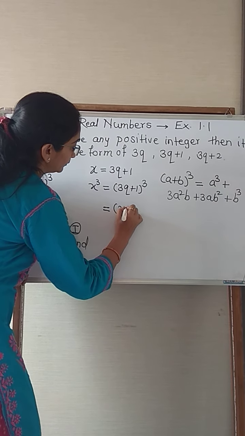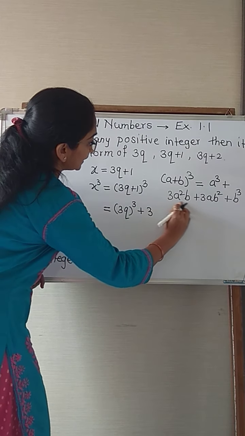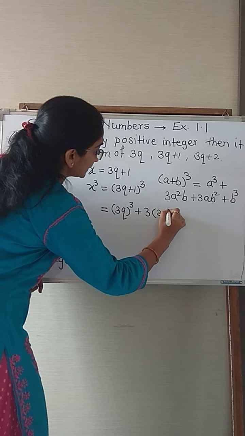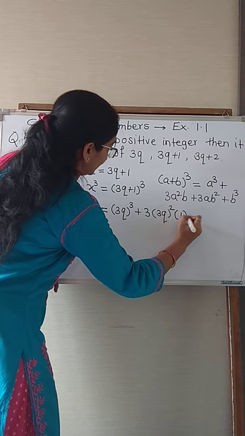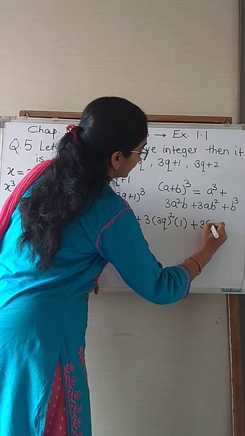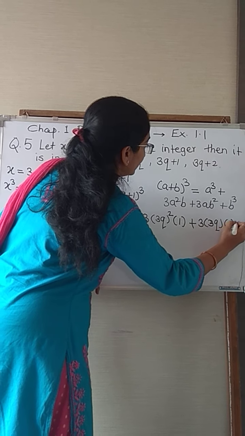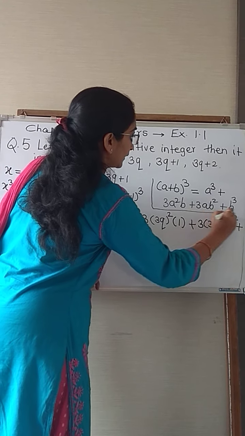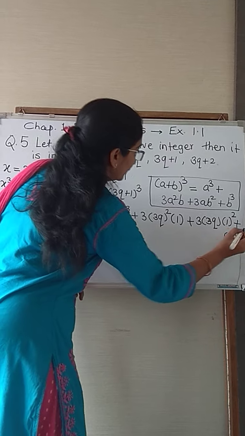So the first term cube, that is (3q) cube, plus 3a square b, where a is 3q, that means the first term is 3q, its square, the second term is 1. Now next is 3ab square, so 3, the first term is 3q and the second term is 1 square, plus b cube, that is 1 cube.